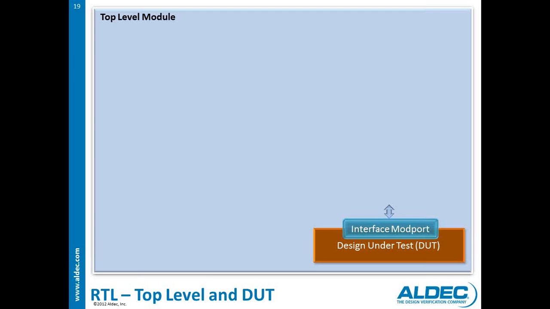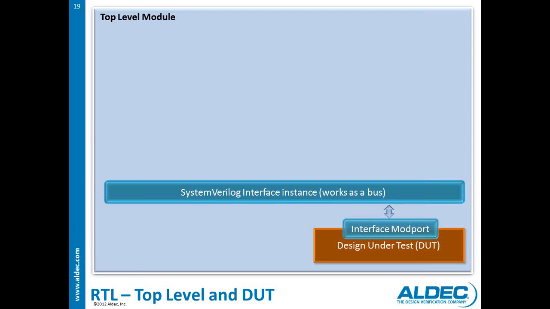As you see, we've got our top-level module, we've got our DUT with appropriate interface modport specifying directions of all involved signals. Of course, it must be connected to SystemVerilog interface instance. And please note that it's one of those cases when SystemVerilog naming conventions are totally user-unfriendly.